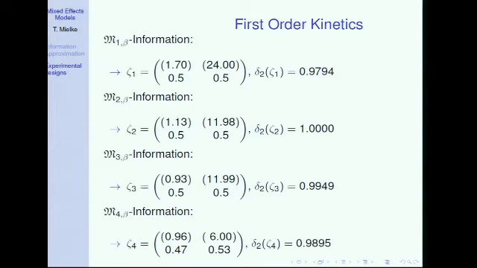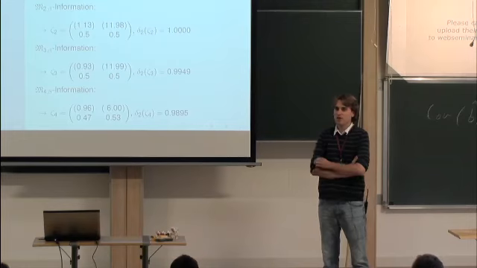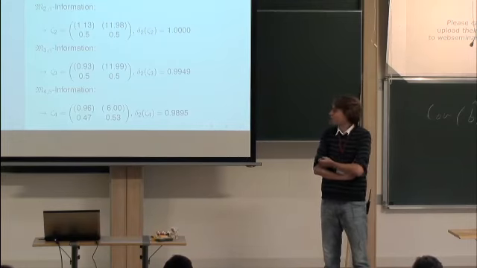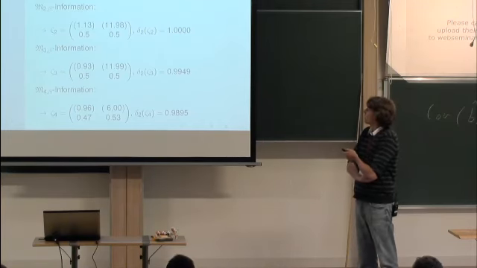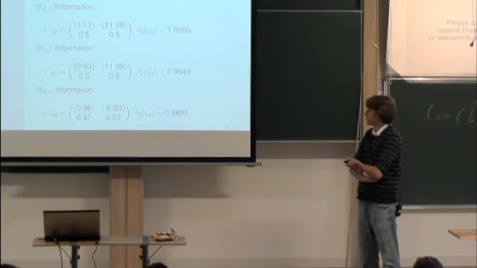We computed them with a quasi-Newton algorithm and with penalty functions, so some other kind of optimization algorithm. If anyone is interested in these numerical algorithms, I would like to discuss them another time. So here is the efficiency, and as you see, all designs are rather efficient.